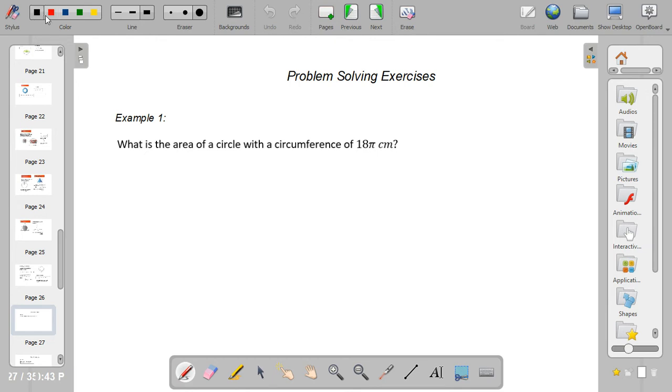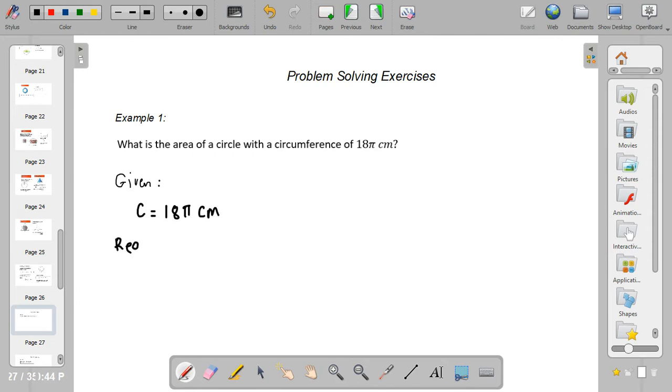All right, so we are going to write down the given. So the given is the circumference, which is 18 pi cm.